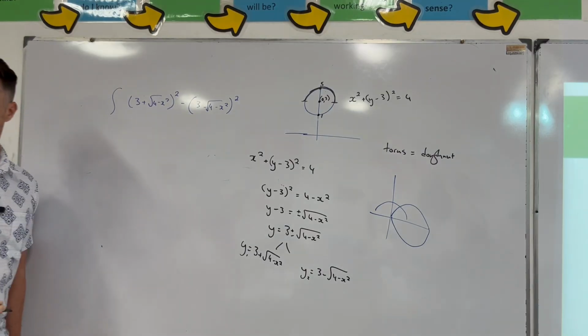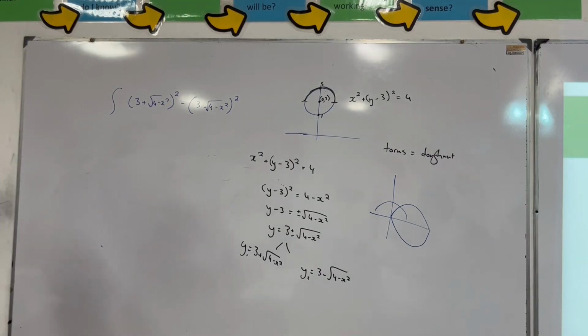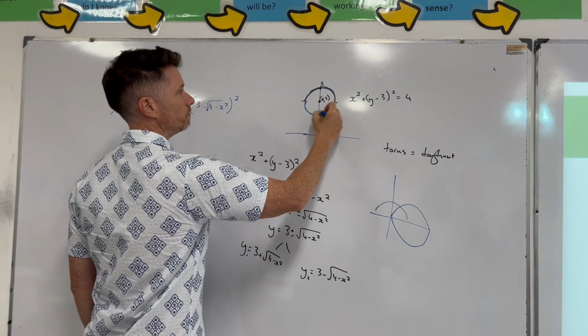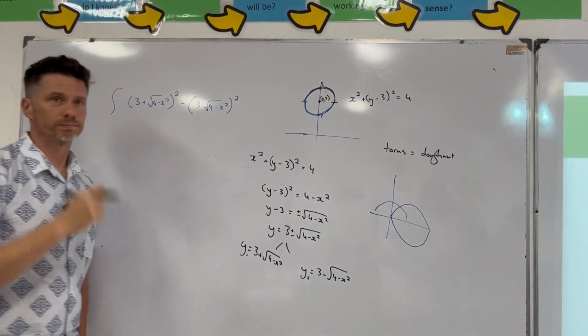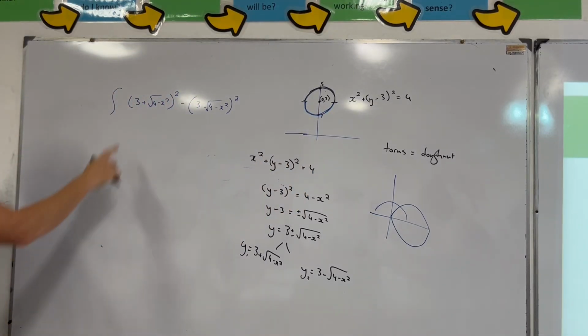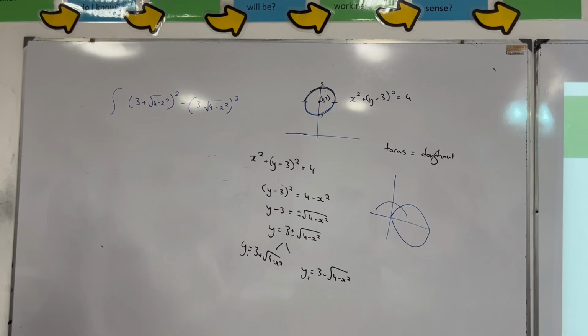It's the same thing we did in the previous example. We have two functions, one above, one below. I'm presuming the plus one is the one above. If not, you'll get a negative, and then you just take the negative and it'll be okay.